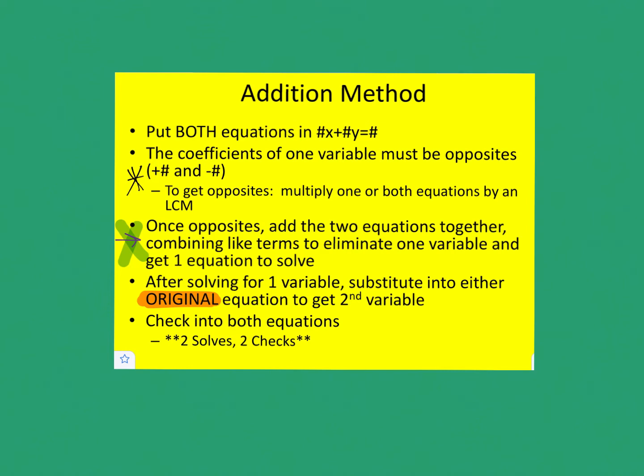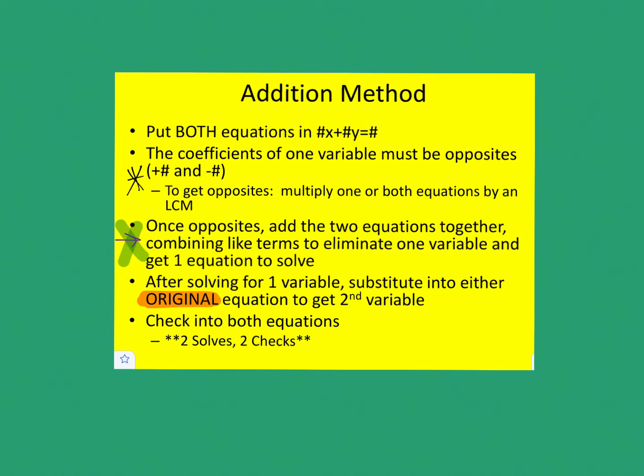By now hopefully we're split screened with our notes, or at least just listening to what's on here. What we talked about before break with that addition or elimination method is a little bit different from the substitution method in the setup. We want both of our equations to have our coefficient with x plus our coefficient with y equaling whatever that value is, in that format.